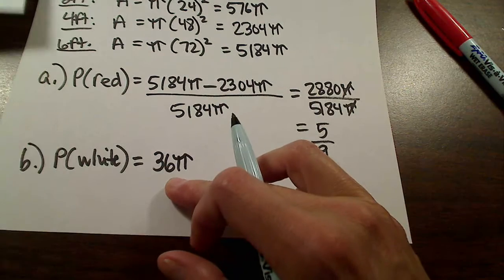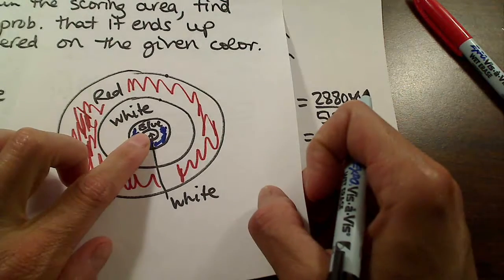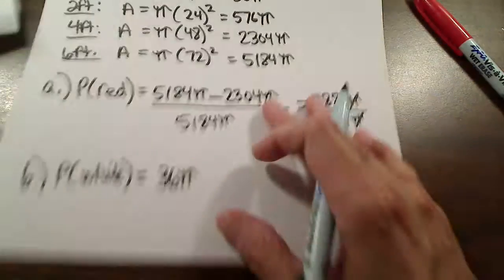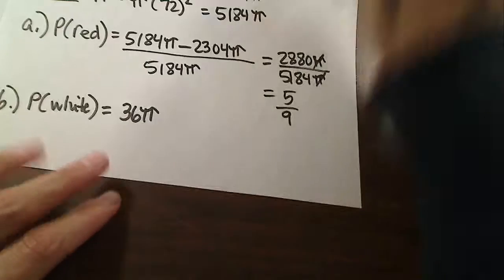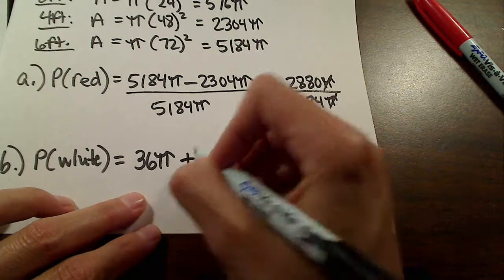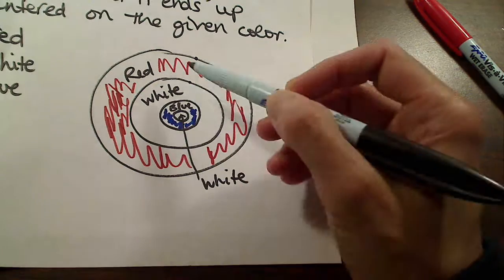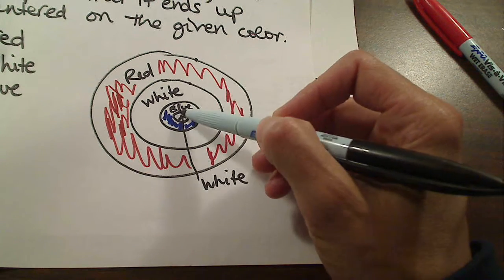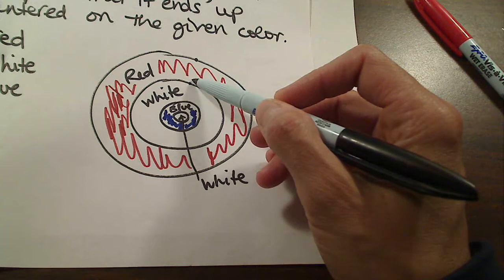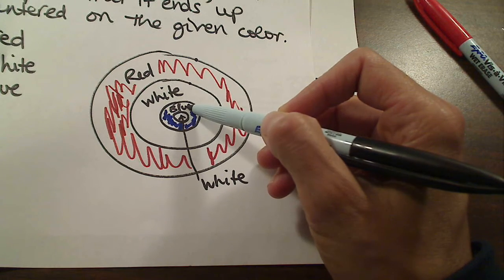So this is the interior circle. The area of the interior circle is 36 pi, and obviously we're getting that from right here. And then we're going to need to add to that the area of all of this white. That's going to be the difference between the area from here to here and the area from here to here.